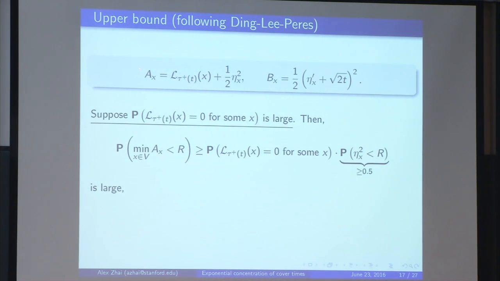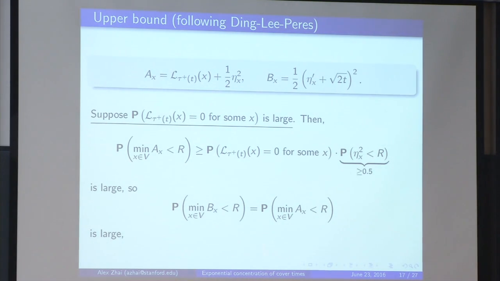So basically I'm saying there's a decent probability that one of these a sub x's is quite small, being less than r, and that means correspondingly there must be a decent probability that one of these b sub x's is quite small, right? But then the problem here is, how can b sub x be very small?